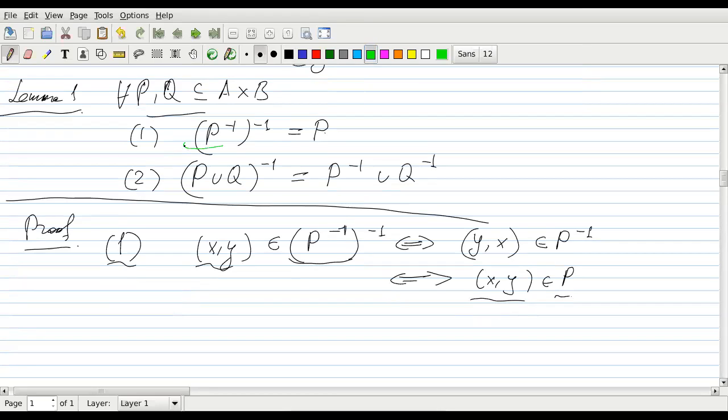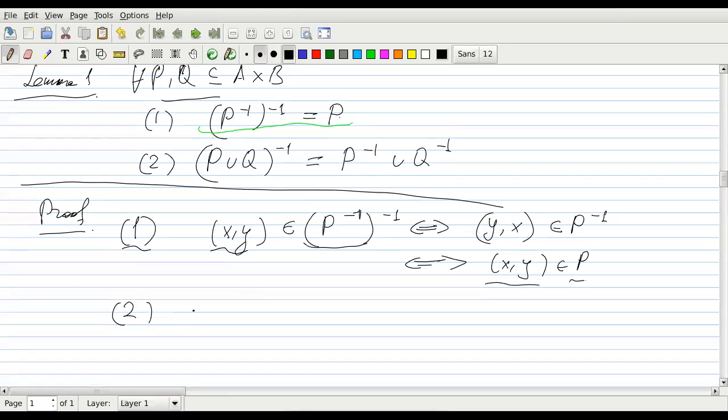Two sets are equal if and only if the elements are the same. And here we have proved just that. Is it clear? Yes. Okay. And now let's prove the second statement. What does it mean that xy belongs to the converse of the union?